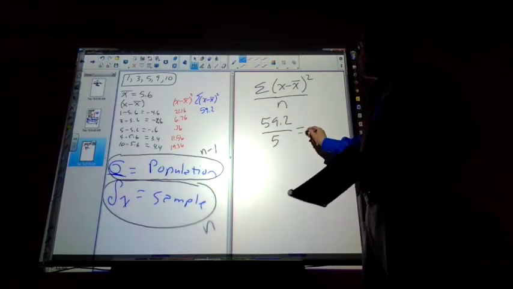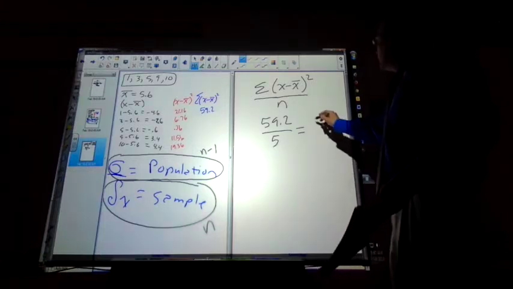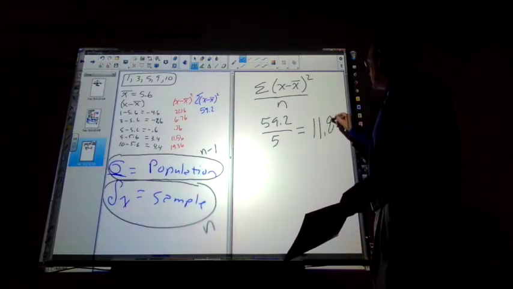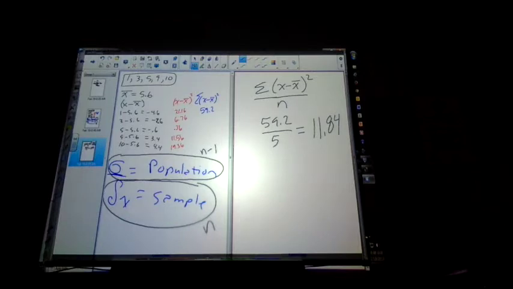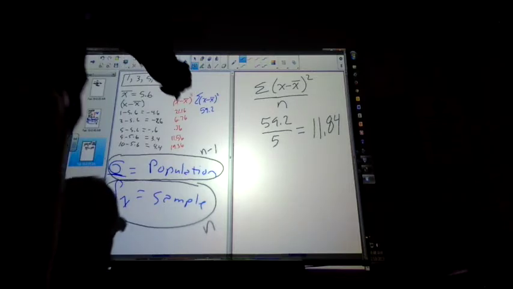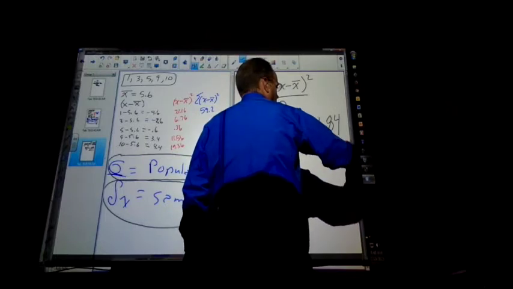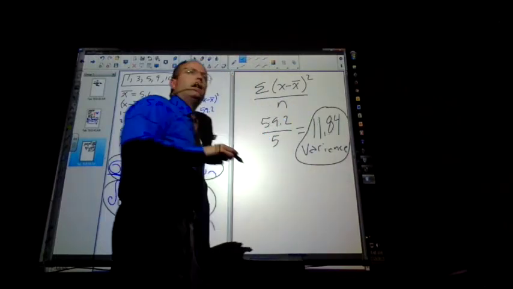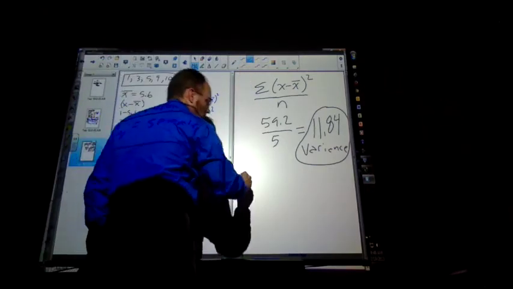And 59.2 divided by 5 is how much? 11.84. That is the variance.